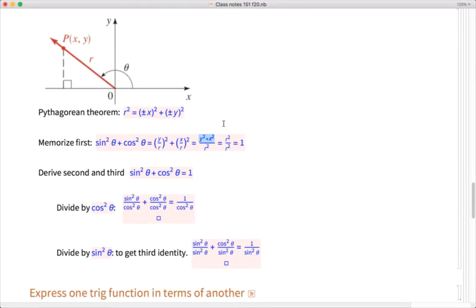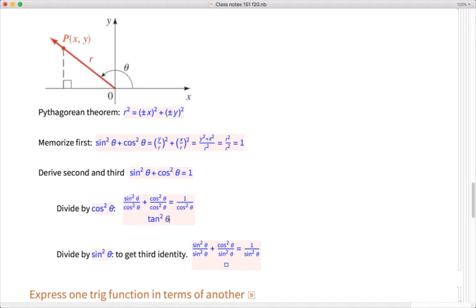For the other two, the tan squared plus 1 is secant squared, and the other one, less common. What you should do is take the one that you've memorized and divide through by cosine squared. And when you do that, sine over cosine becomes tan, and it's being squared. The cosine squared over cosine squared, well, that's 1.